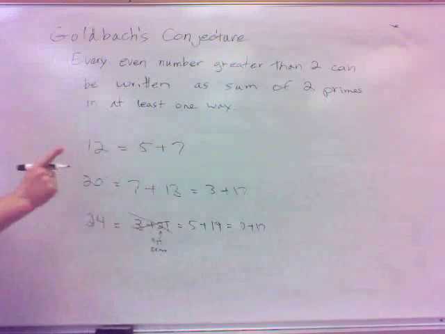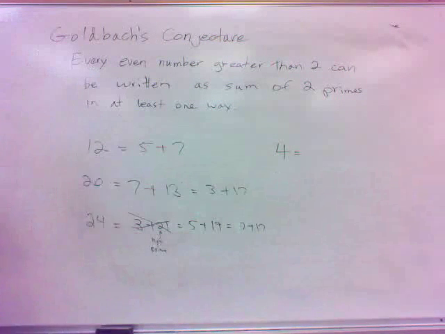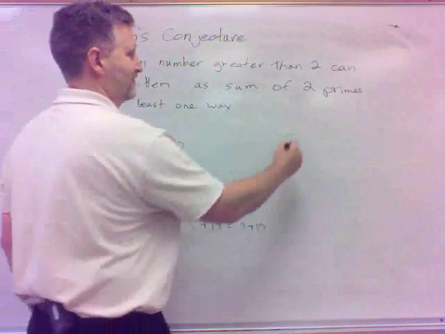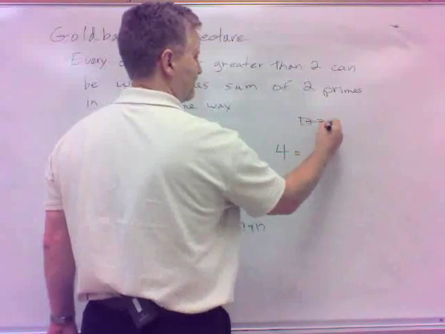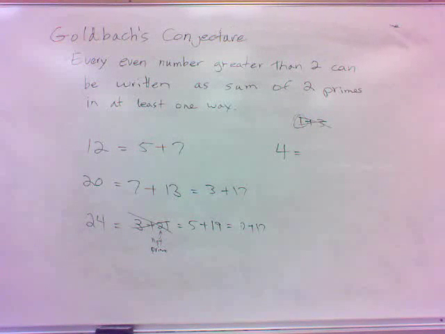Now, what about 4? How can I do this for 4? Because it says every even number greater than 2, and 4 is greater than 2. 1 and 3? Not 1 and 3, why not? What about 1? Is it prime? We talked about that last time. 1 is not prime, it's not composite, it's neither one.